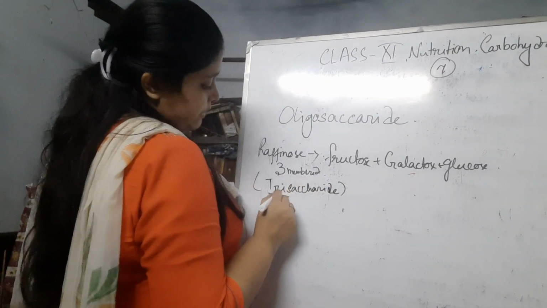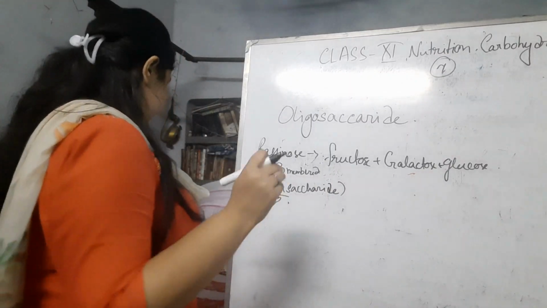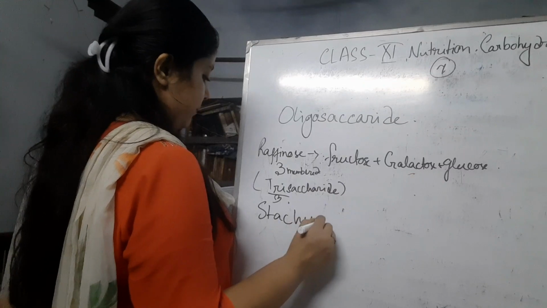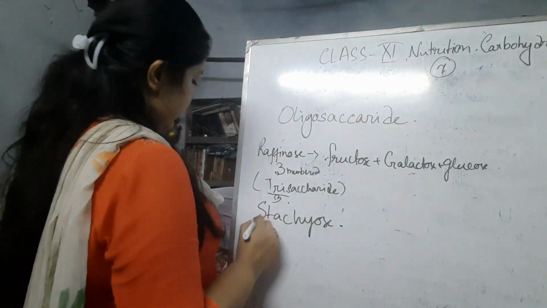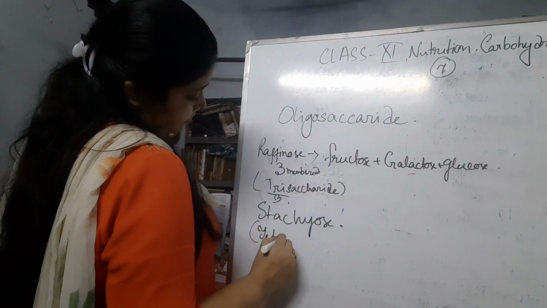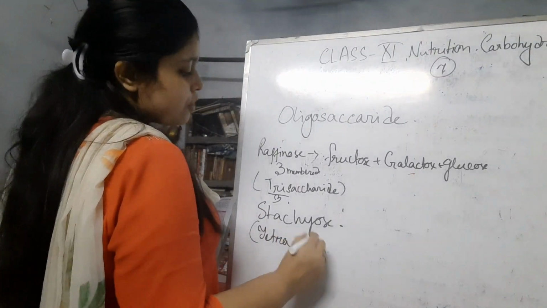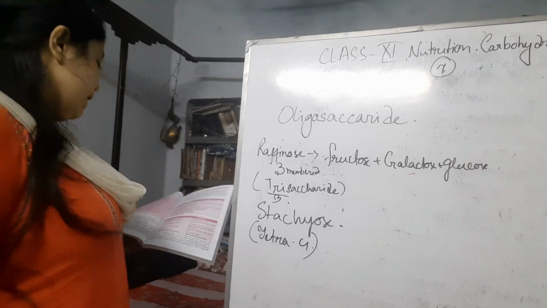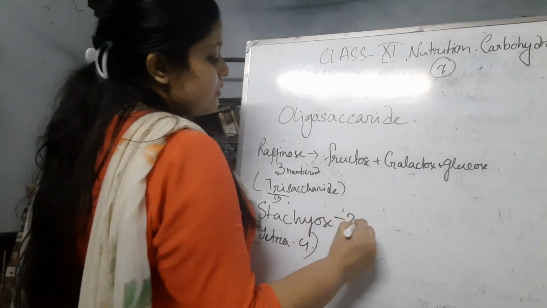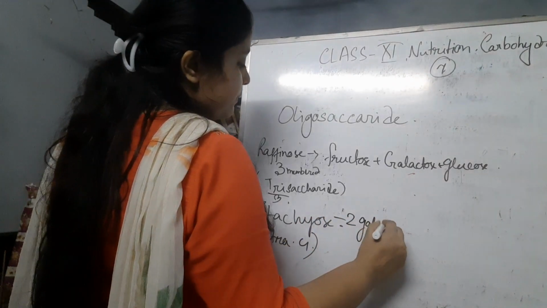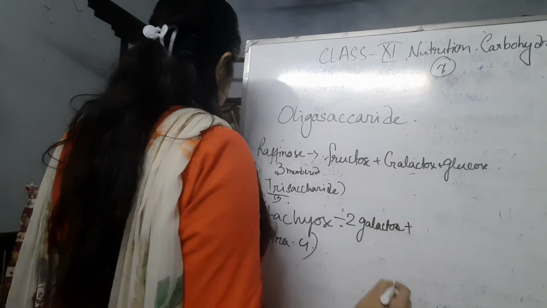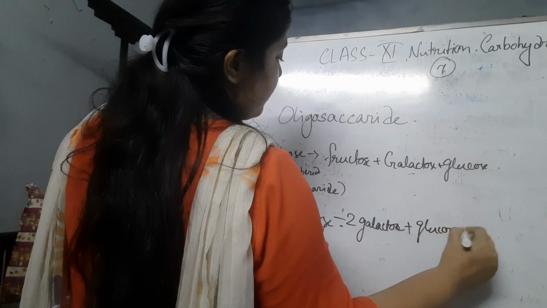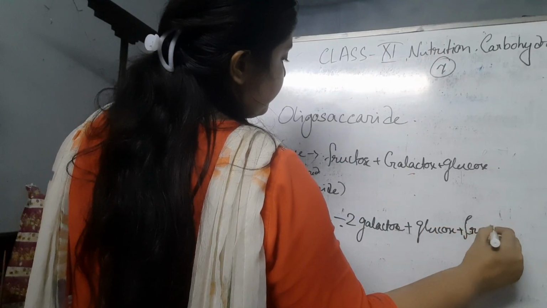Because tri means three. The next is stachyose. Stachyose is called a tetrasaccharide because 4 sugar units are joining together and forming stachyose. Here, 2 molecules of galactose, one glucose and one fructose joined together.